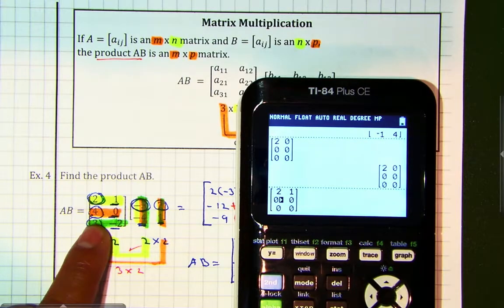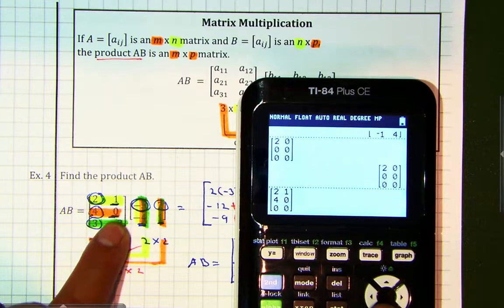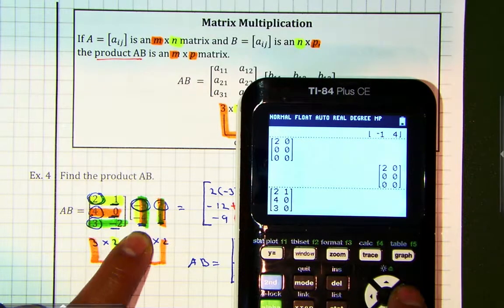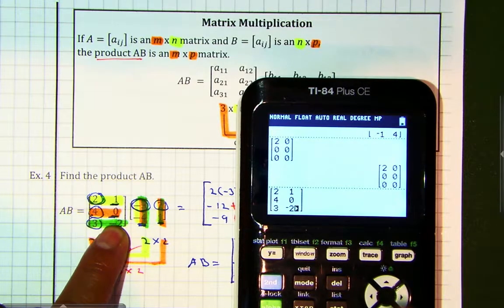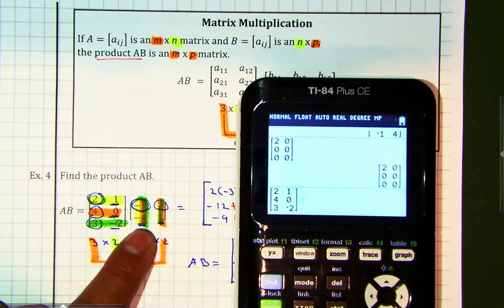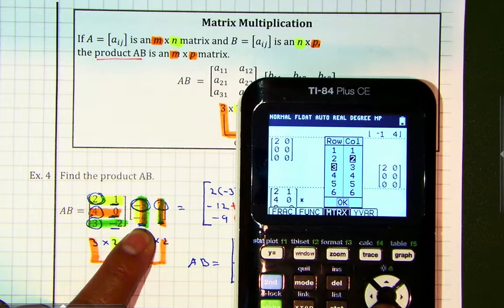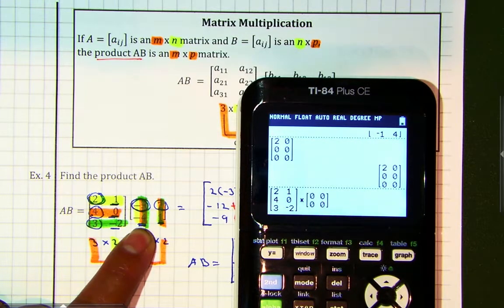So I prefer to do it the other way, but sometimes you can still do it this way. The other way, you have a little more opportunity to be able to fix things, where on this one you can't. Now times, now I go into matrix again, and now I say 2 by 2, so I'll go up. Once I select 2 by 2, I come back down, press enter, and I can type in the numbers.